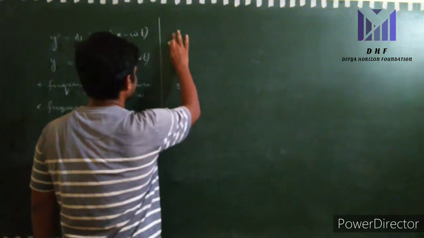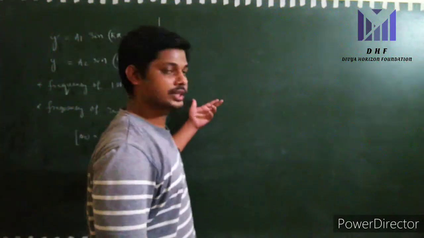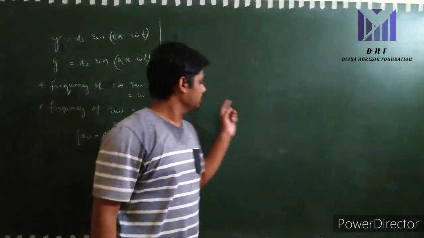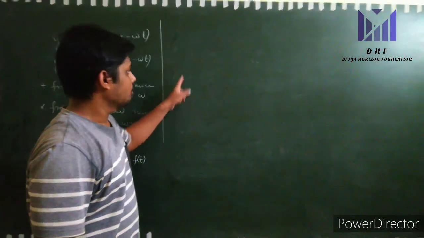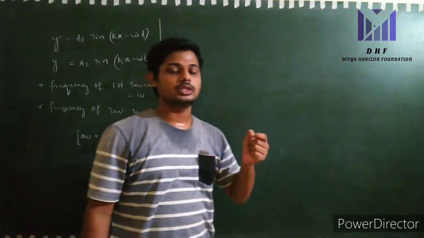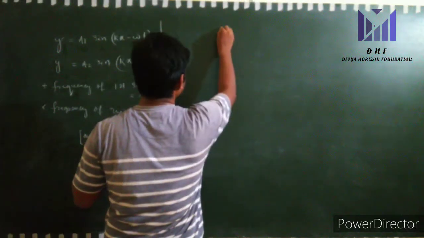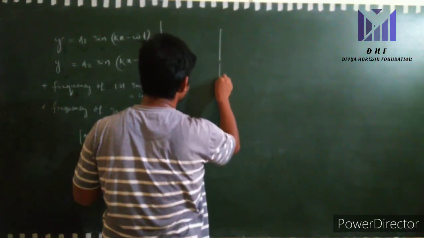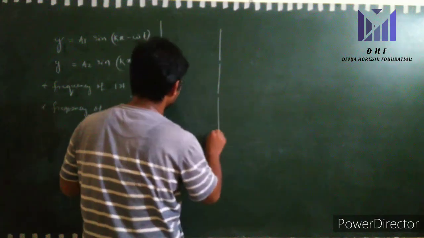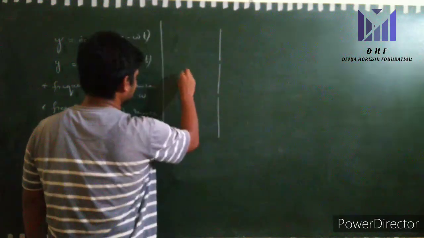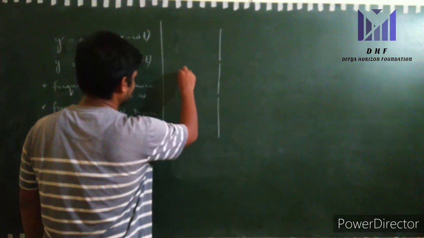So this is a light source S. I have said that the wavefront coming from a light source S falls on two closely spaced holes. Let's say these holes are here. One hole. This is the second hole. Wavefront is coming from this light source.